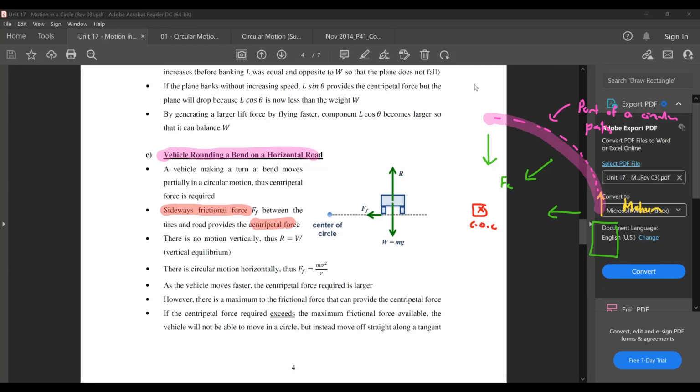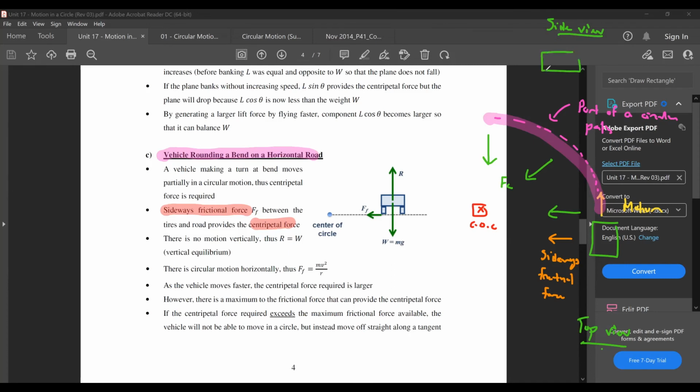Okay. Now, your sideways frictional force is something like this. This one is your sideways frictional force. Now, in general, it's correct to say this. If I look at the car from the side, this one is say the top view, and this is the side view.